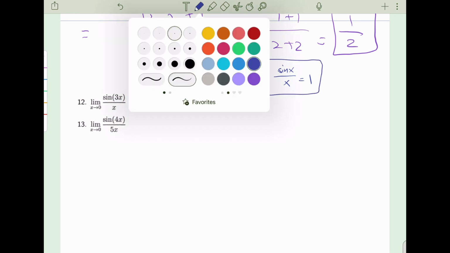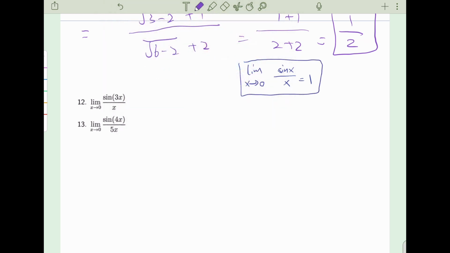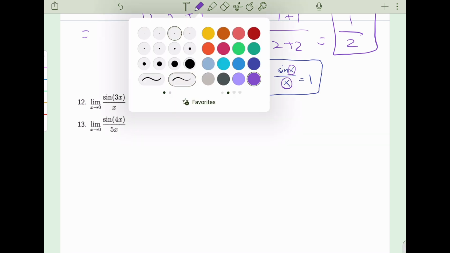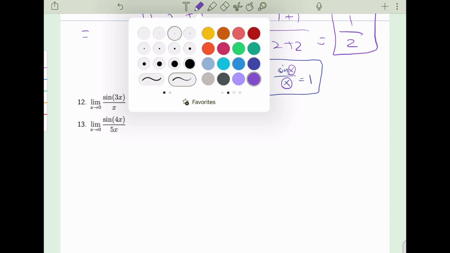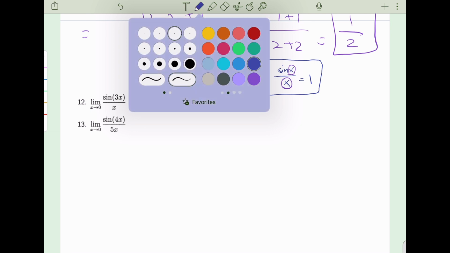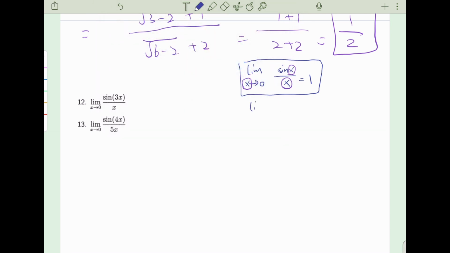Notice here, this symbol x does not only mean the variable x. It means it can be anything. For example, I can replace this x by maybe 2x or some other expression.